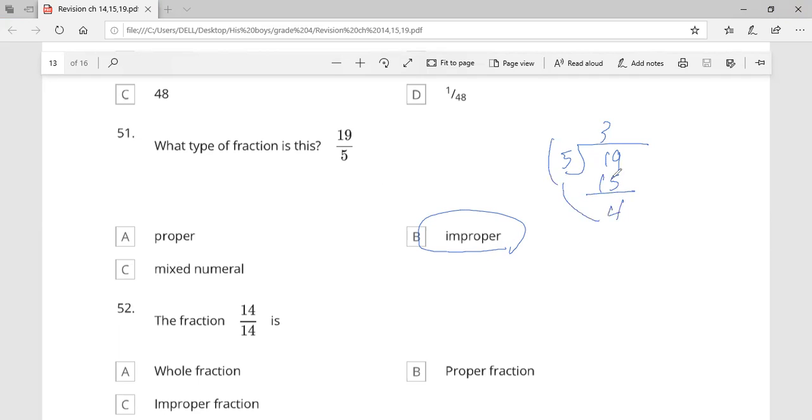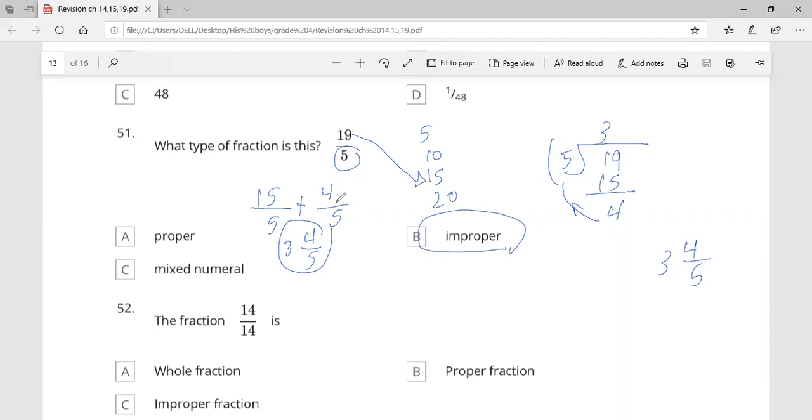Or we can take 5, 10, 15, add 5, 20. It's closest to 15. So 19 is 15 over 5. 19 subtract 15, we get 4 over 5. 15 divided by 5 equals 3, and 4 over 5, like this. All of them like this. Okay, and it is called an improper fraction.